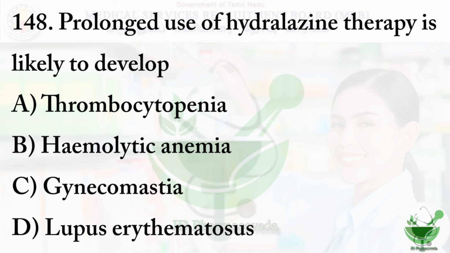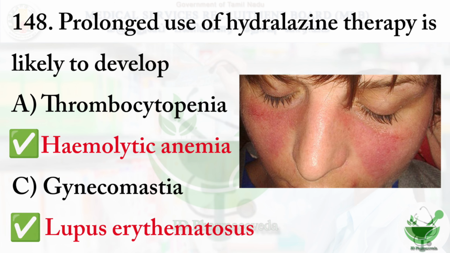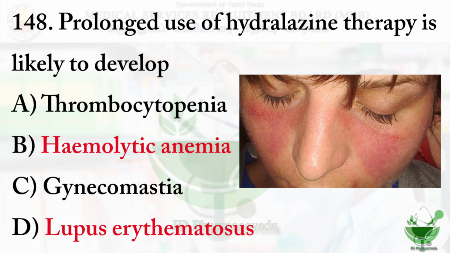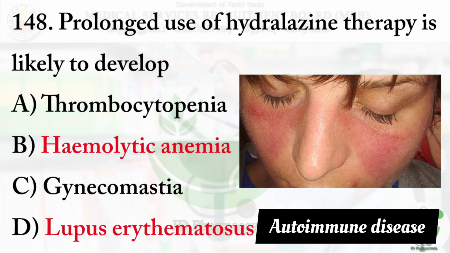So the right options are option B, hemolytic anemia, and option D, lupus erythematosus. In this, the hydralazine can form anti-nuclear antibodies with histone. Histone is a protein which is present in the chromosome. So it can produce lupus erythematosus, which is an autoimmune disease.